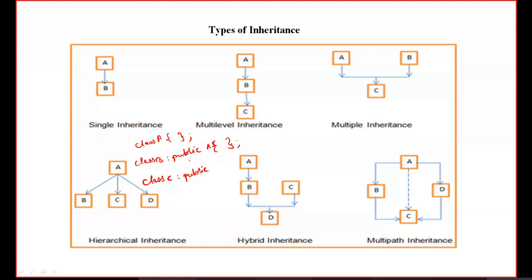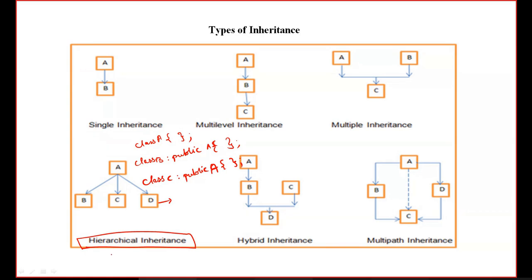You can have any type of inheritance, but commonly we use public inheritance, right? So we are deriving it from class A again, and similarly for class D as well. Clear? So a single base class and more than one derived classes. That is called hierarchical inheritance.